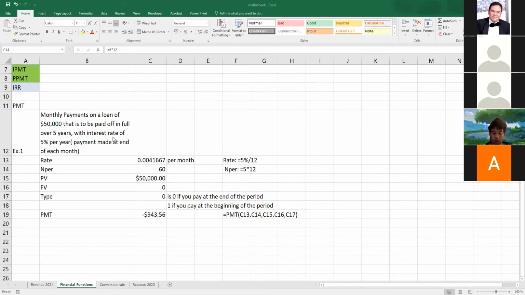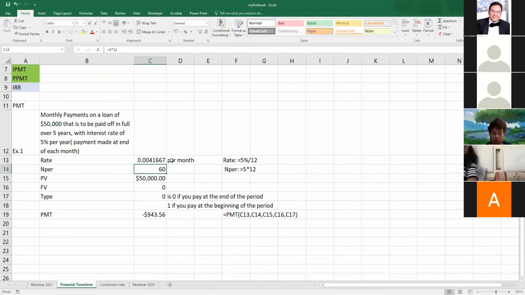So in this case, the rate of 5% per year, you have to change it to the interest rate per month. That means you have to divide this 5% by 12, so that it will be the monthly rate. Here I just divide the 5% by 12.